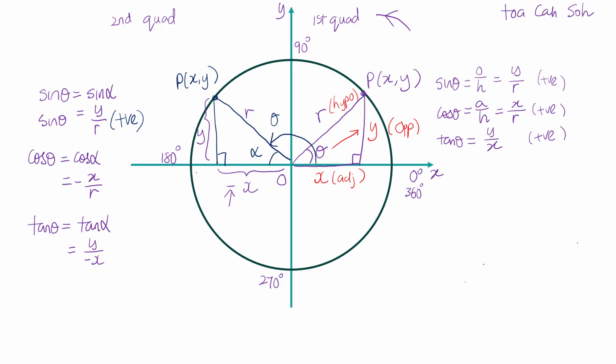However, the ratio for cos has become negative. The ratio for tangent has also become negative. What does it mean? Let's give an example. It means that sine 150 will be a positive value, but cosine 150 will give you a negative value, and tangent 150 will also give you a negative value.